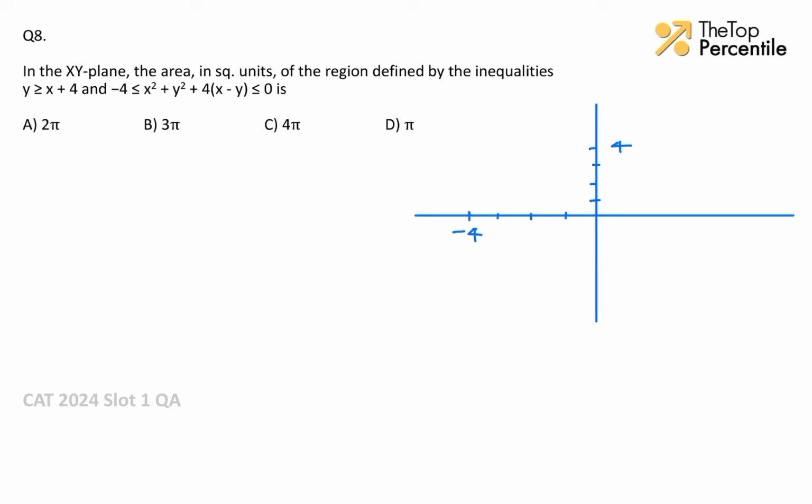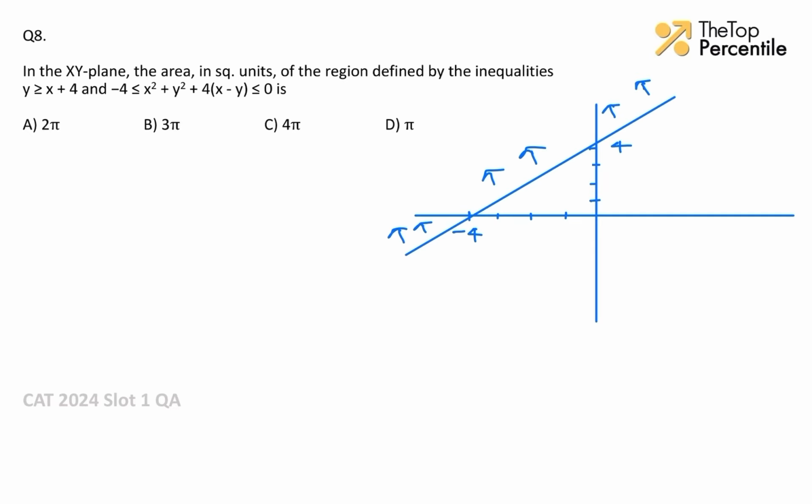So I'll have minus 4 here. And the line goes through something like this. Now, the region that we need to check will be above here.